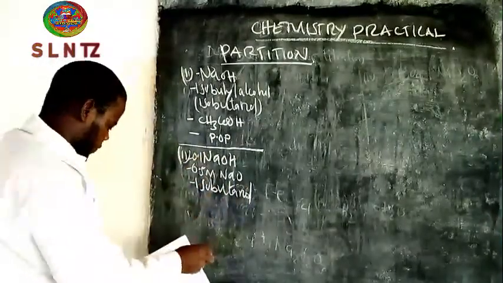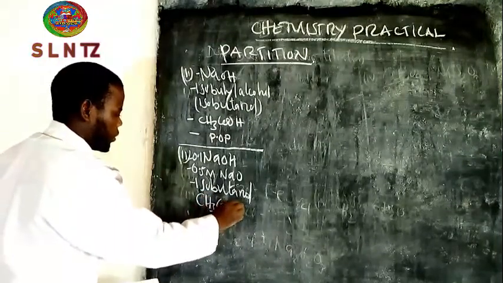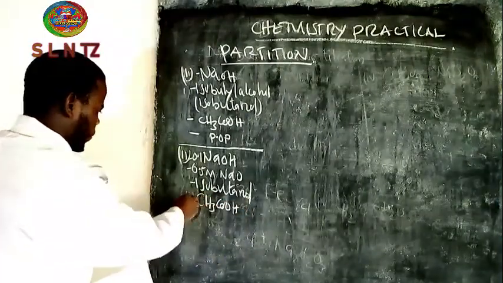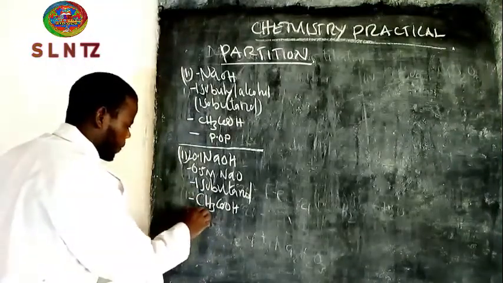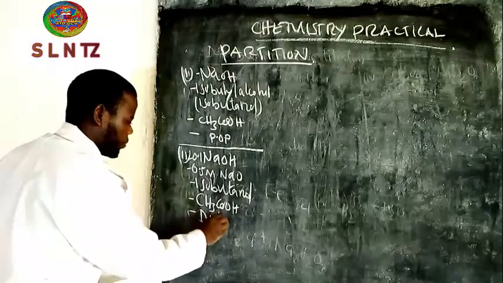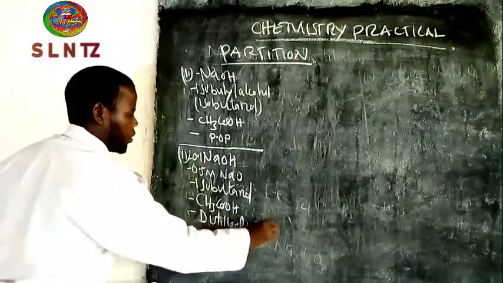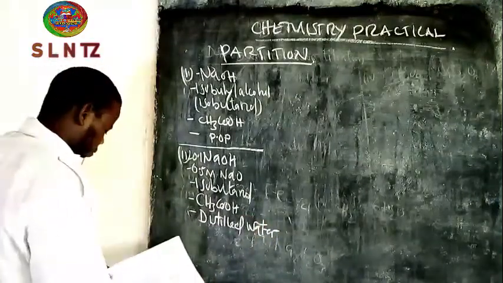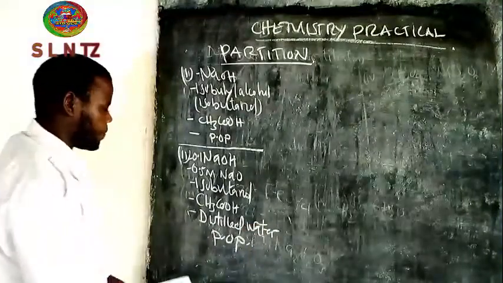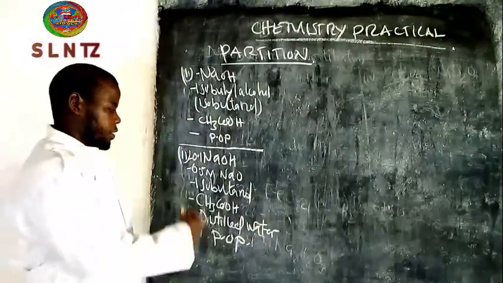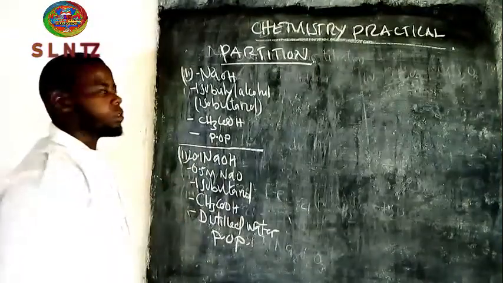Also you can have acetic acid. Also you can have distilled water. Also you can have POP. That is question number 2, area of concentration.